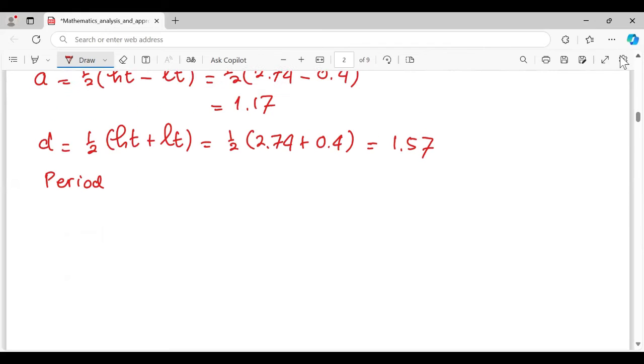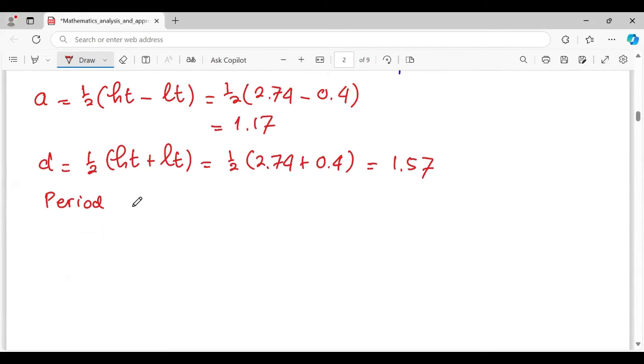Okay, the period is 9:02 minus 2:41. So it becomes 8, and this is 62, becomes 1, 2, is 6. Okay, 6 hours, 21 minutes.